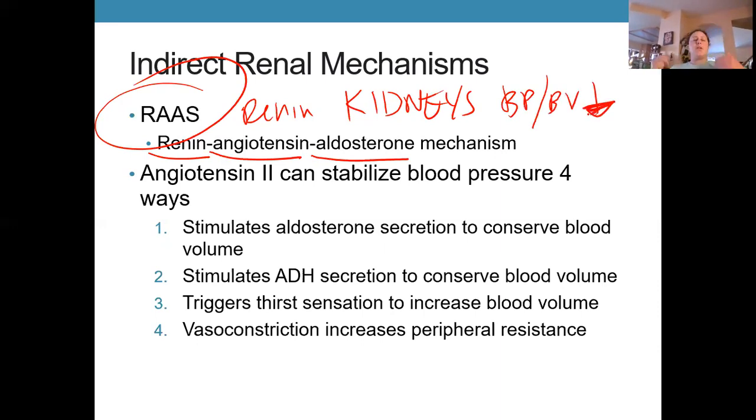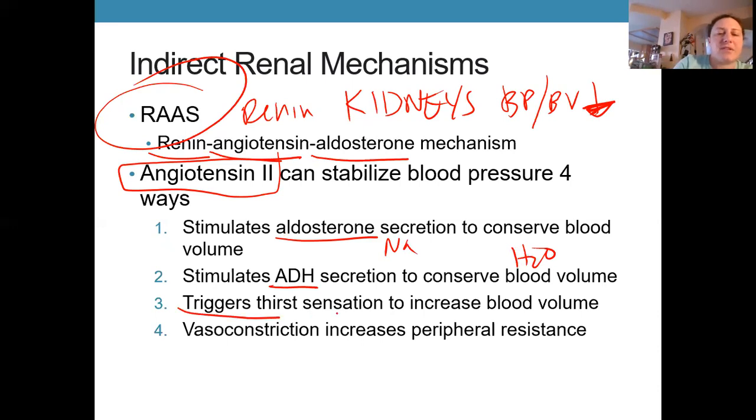So it's actually triggering the activation of angiotensin in the blood, which then, as I mentioned, stimulates aldosterone and antidiuretic hormone secretion. So we're retaining sodium and we're retaining water. It also makes us feel thirsty so that we drink more.